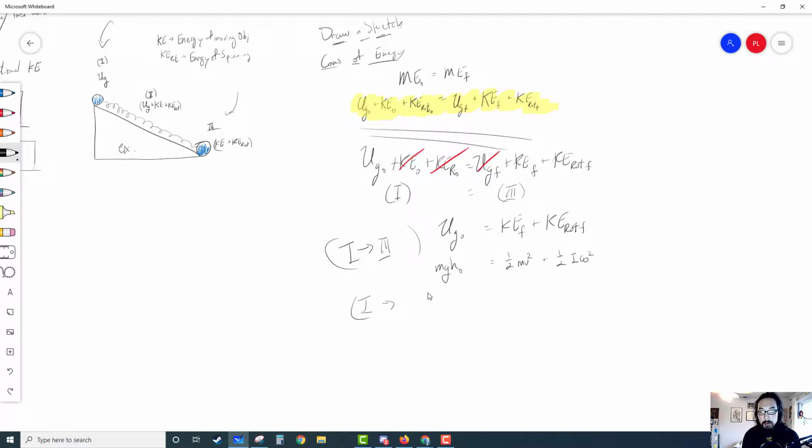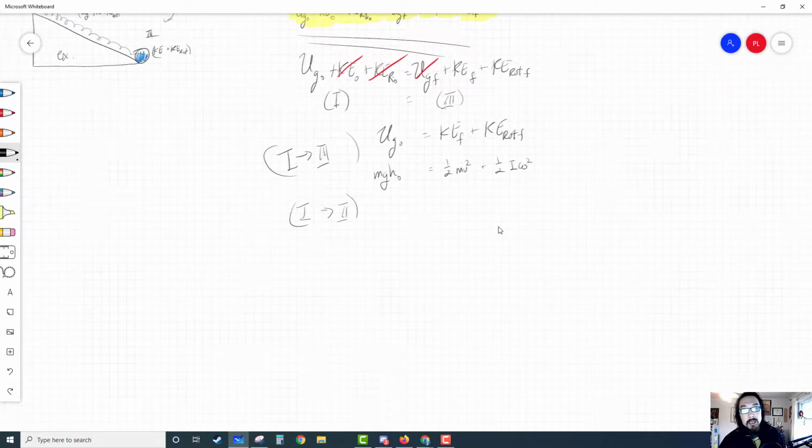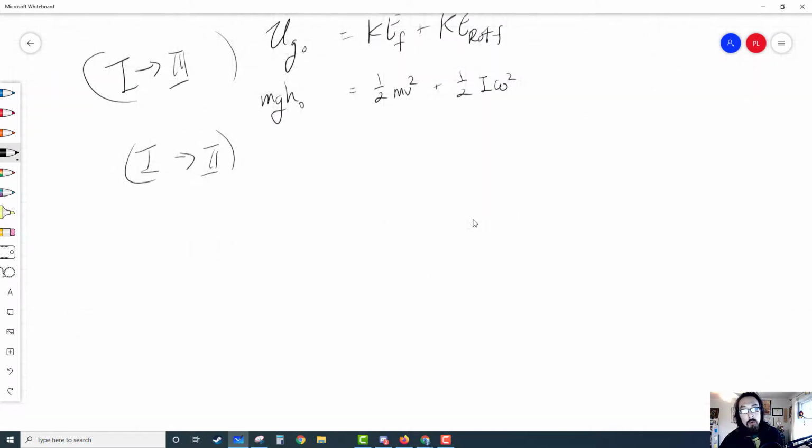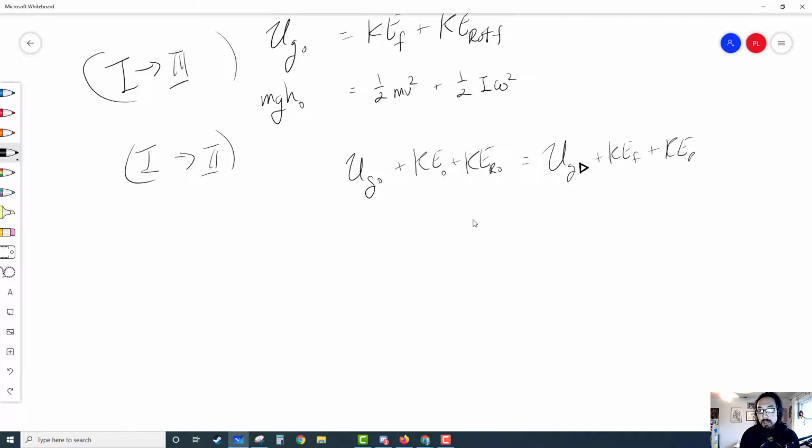Now, if we were to do something for 1 to 2, and this is an object that is mid-roll down the ramp, we would do the same exact thing. We would start off with the equation, plus KE R initial, this is initial, UG final plus KE final plus KE rotational final.